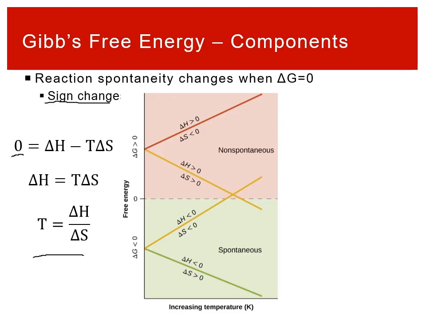This is the temperature where the spontaneousness would change, basically because the sign of delta G would change. It doesn't tell us if a reaction changes from being spontaneous to not spontaneous or anything like that, just that it will change. So if we look over at our graph here, we're looking at the value of the free energy for a chemical reaction as you increase the temperature. And so the variability is based on the different signs of the enthalpy and entropy change.